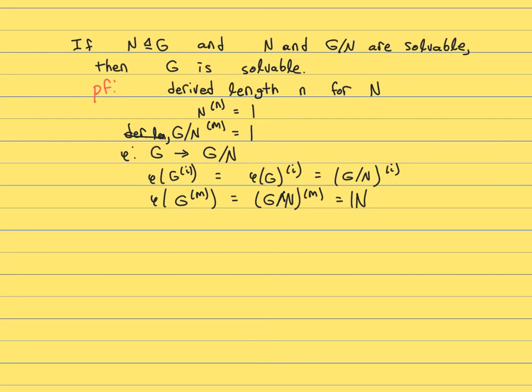So it tells you whatever these x's are, phi of x, which by definition is xN, ends up being equal to N, which shows you x is in N, which shows us that the mth derived subgroup is actually a subgroup of N.